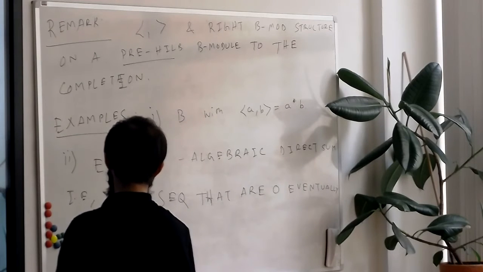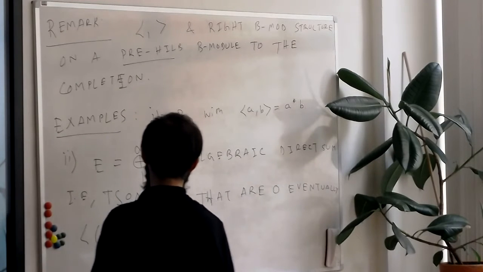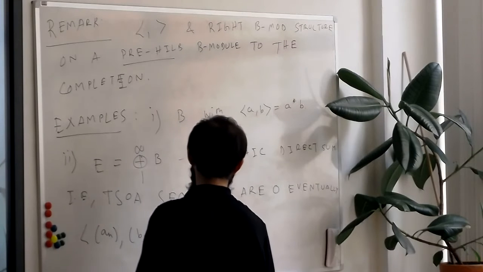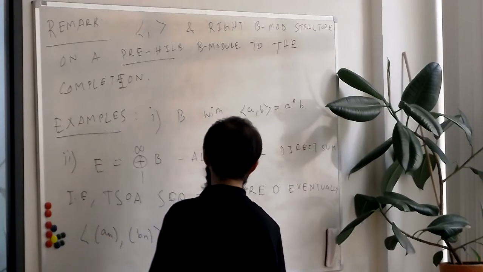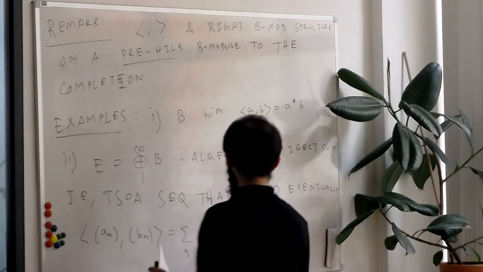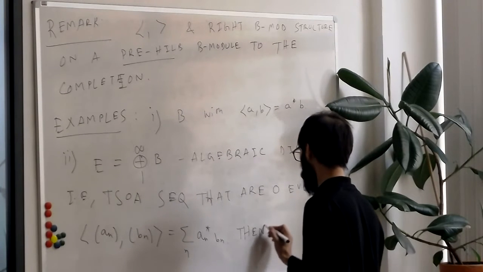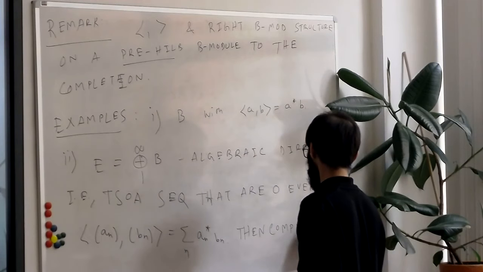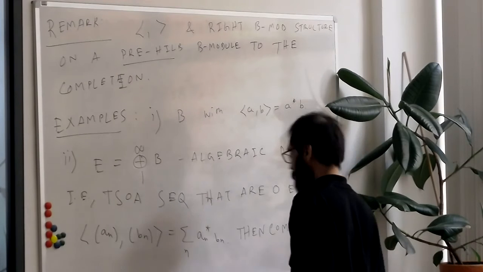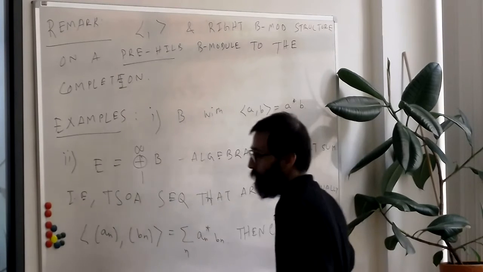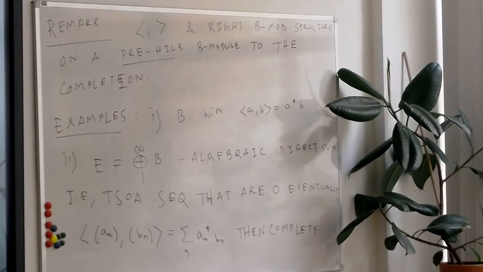Define the inner product as you would in a direct sum and then complete. The module we get is the analog of the free module in the algebraic case.